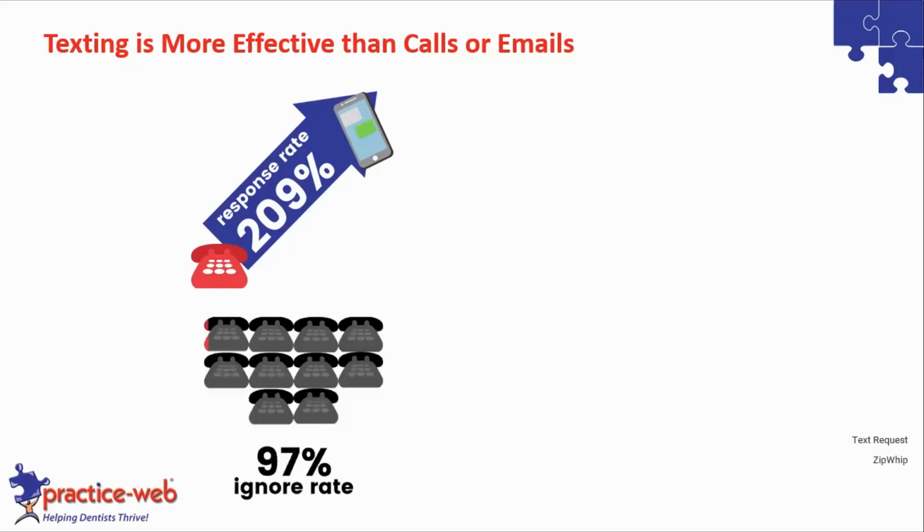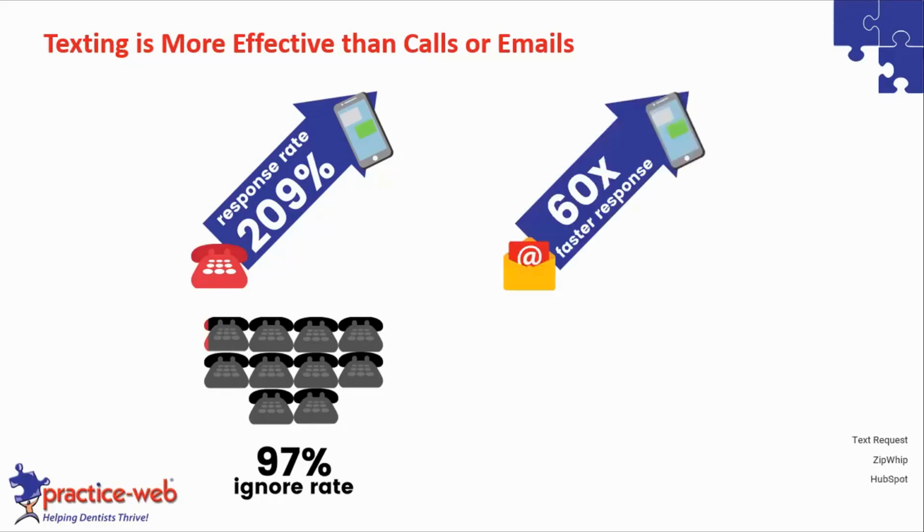If someone doesn't recognize your phone number, which is somewhat likely, since a lot of people don't save their dentist phone number right away in their phone. If folks see an unrecognized number from a vendor of any kind, 97% of the time they're ignoring that phone call on purpose, deliberately, because they don't recognize it. That's from a study done by ZipWhip. So this is why you're having problems on the phone.